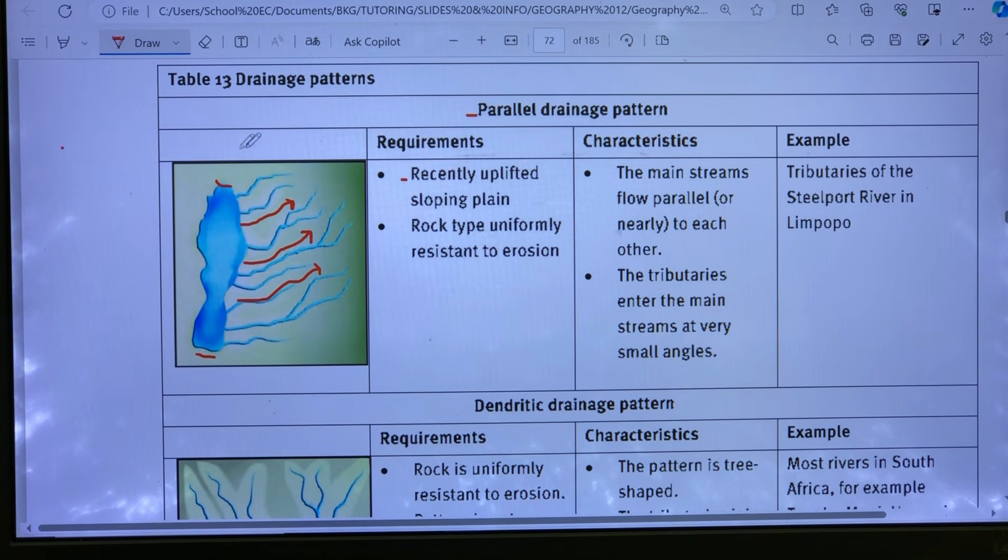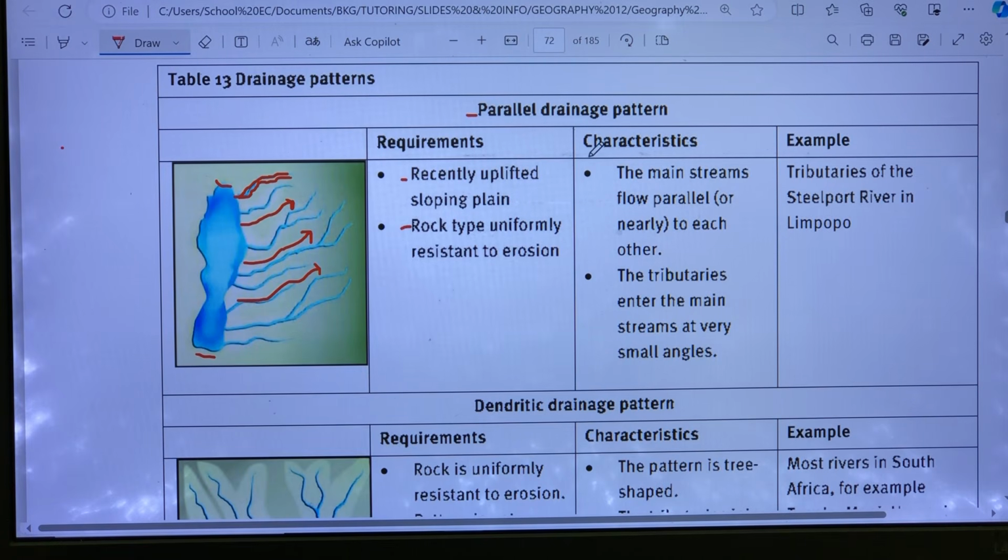Let's say we have a big rock underneath, so there will be a joint at this particular point and a joint on the other side. I hope you understand what I'm trying to explain. The water will erode and flow through the joint to form streams. I hope you understand guys, and that's it. I've explained the rock, okay?